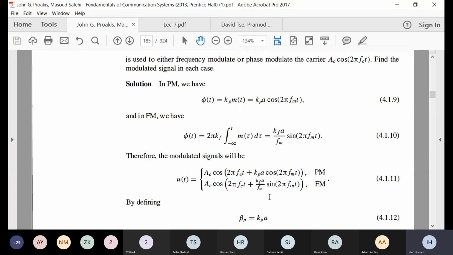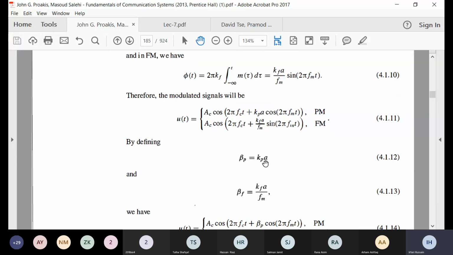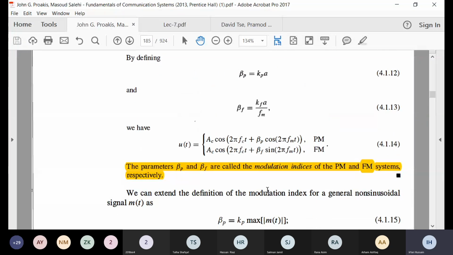So kp a is another constant. Similarly, beta f is another constant. So you can write this in terms of constants as follows. These constants are called the modulation indices of PM and FM systems.